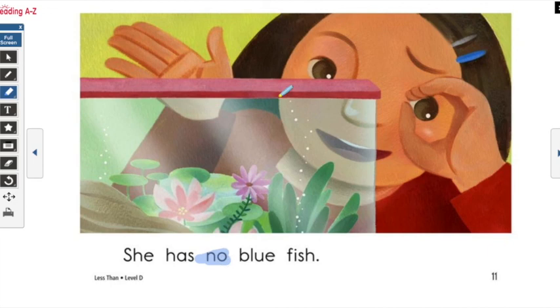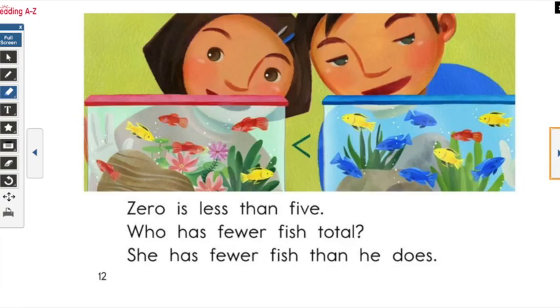What number of fish does she have? 0. That's right. She has 0 blue fish. 0 is less than 5.